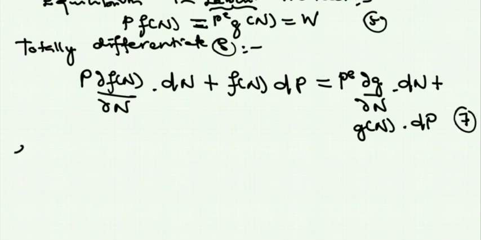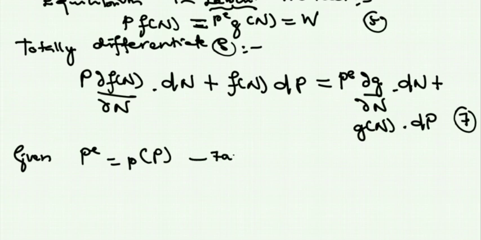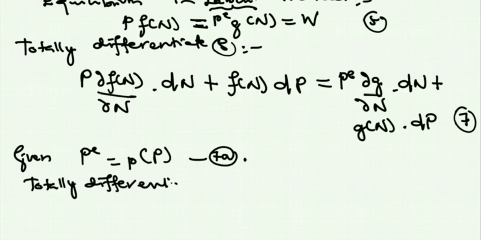And then given PE equals to this, remember, call this 7A. Then totally differentiate 7A, and this gives you dPE, isn't it, on the left hand side?